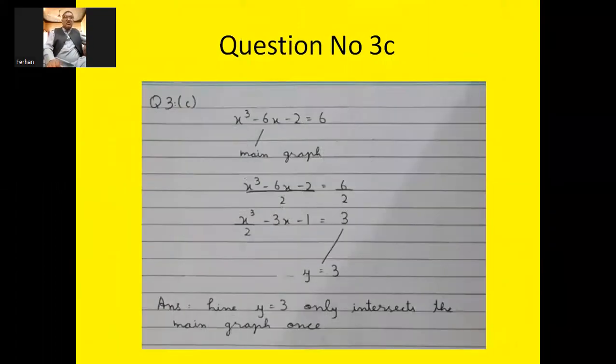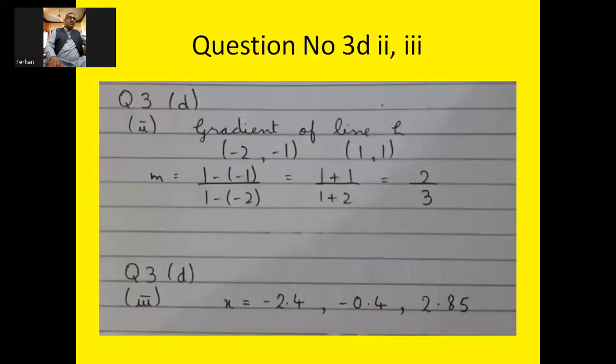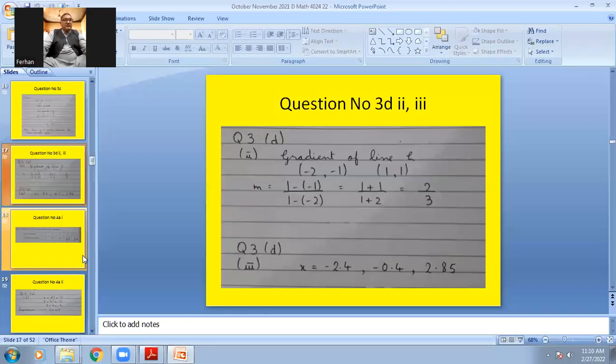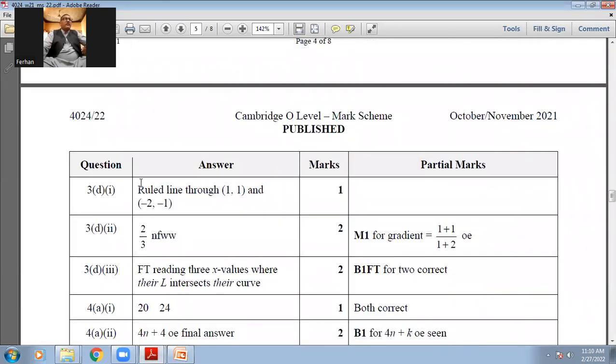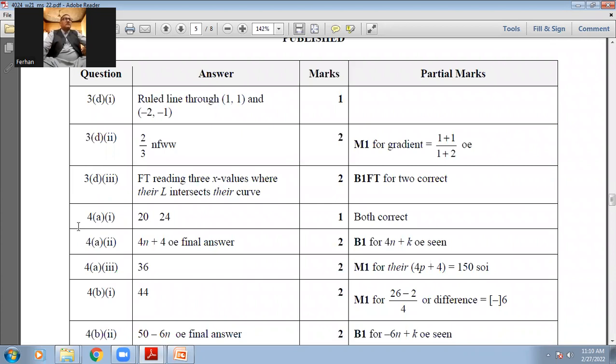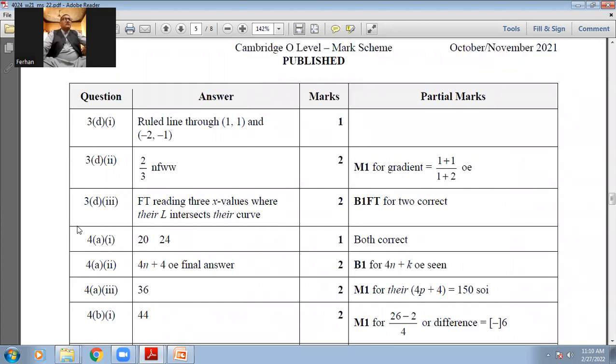That is the solution. Minus 2.4, minus 0.4, and 2.85. So our answers are right.